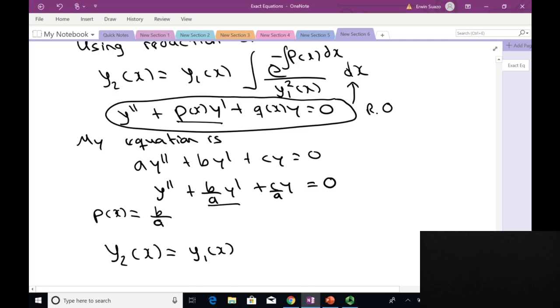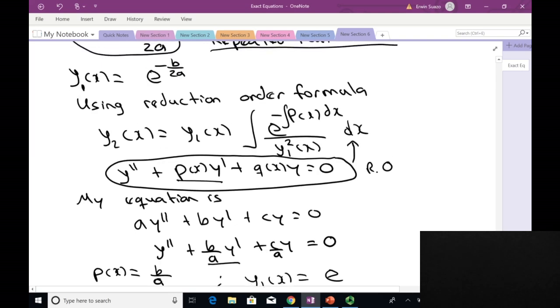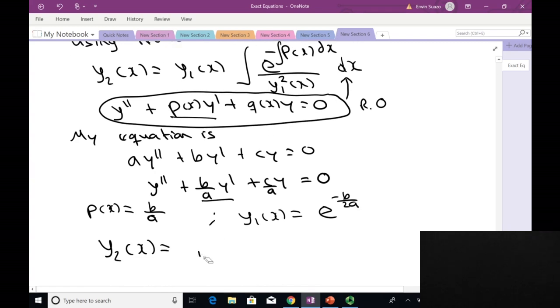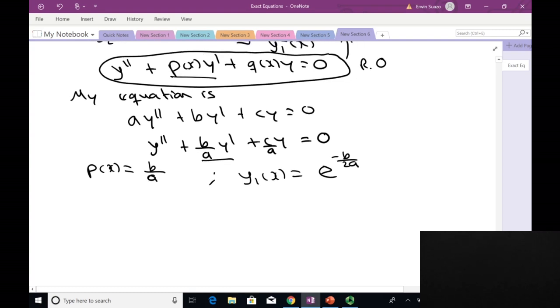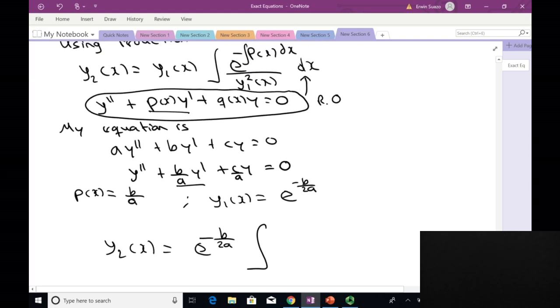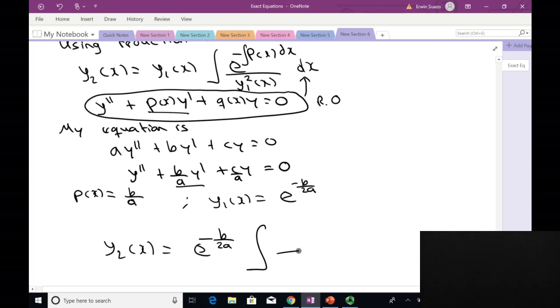So, y1 of x, we know what it is. y1 of x is e to the minus b over 2a x. So let's put it lower here. y2 of x equals e to the minus b over 2a x, integral of, on the bottom, I have y1 squared of x.